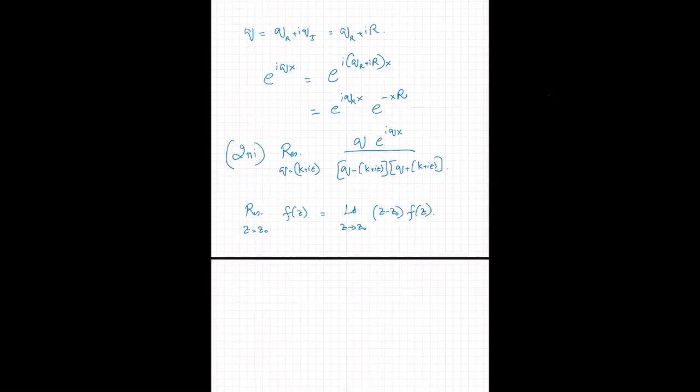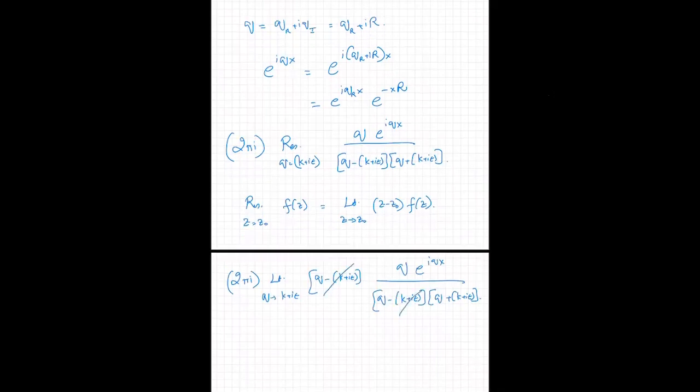So if I use this prescription, this is basically 2 pi i times the limit q goes to k plus i epsilon. z minus z0 in this case is q minus k plus i epsilon, times q e to the iqx over q plus k plus i epsilon. As you can see, this is always true in simple poles, that this factor cancels this factor.